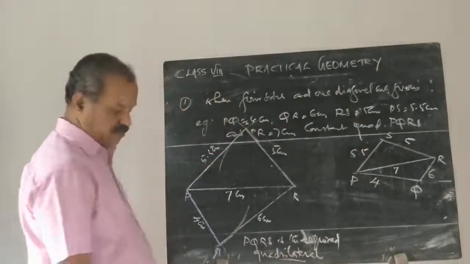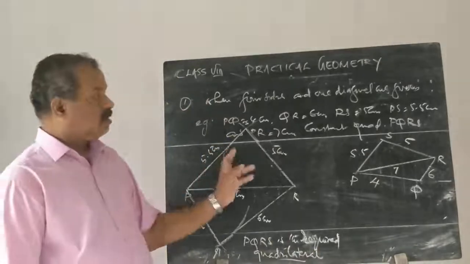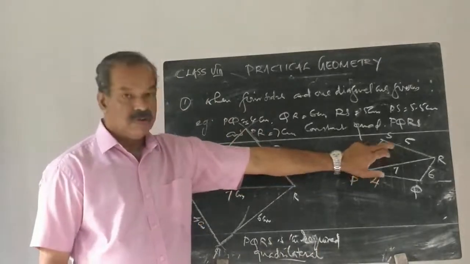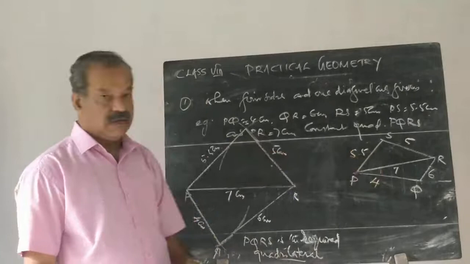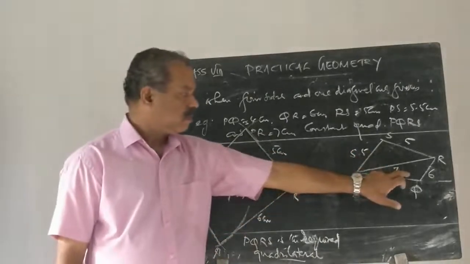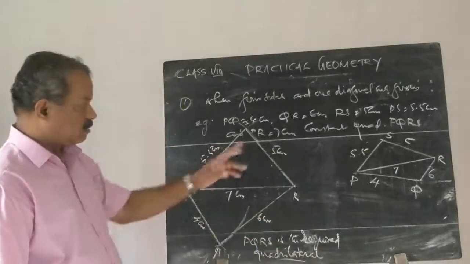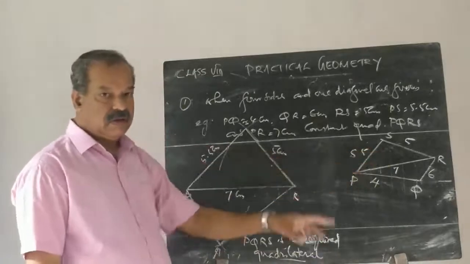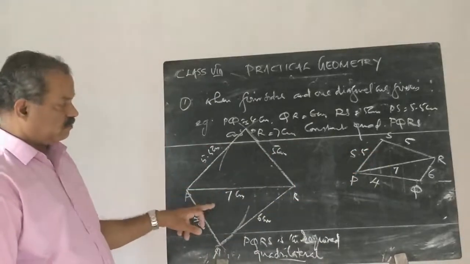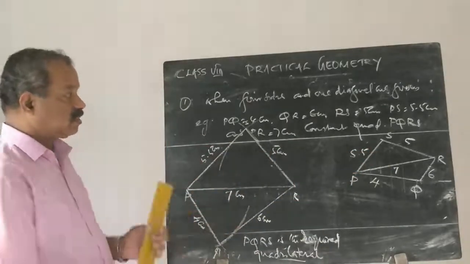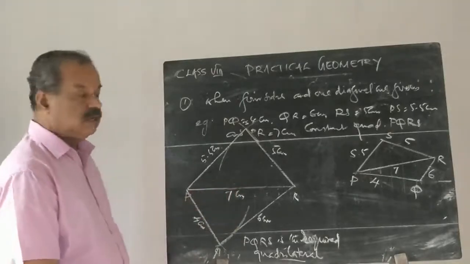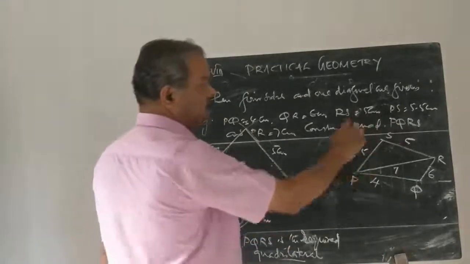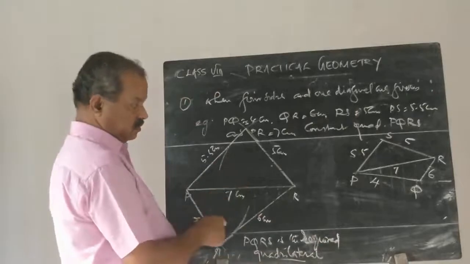So when we are given a construction, first we have to draw the rough figure and then mark the measurements in the rough figure. After that, draw a fair figure. We can write the steps of construction. First, draw a rough figure and mark the measurements. Then step 1, draw PR.